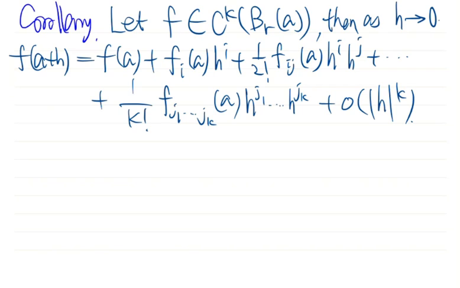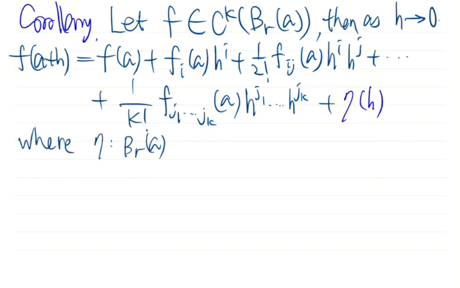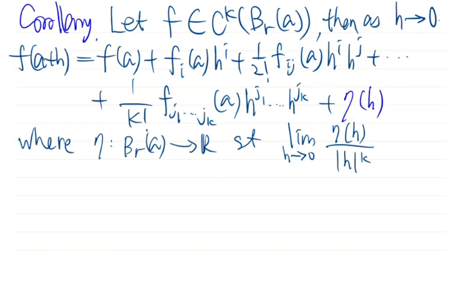This means, if you denote this by eta of h, this is the classical notation. Or if you like, you can write this as eta of h, where eta is a function such that as h goes to 0, eta of h divided by the norm of h to the k is 0.